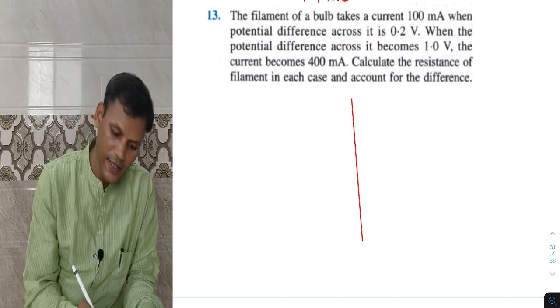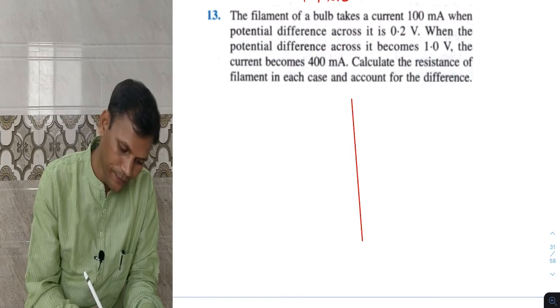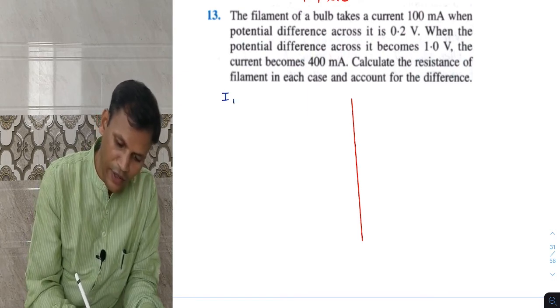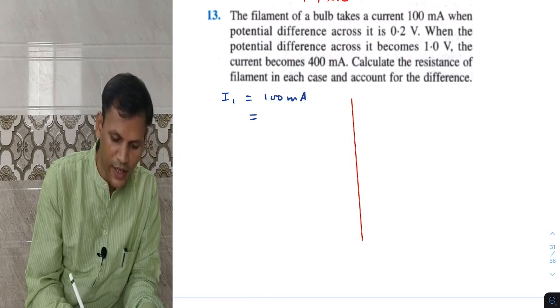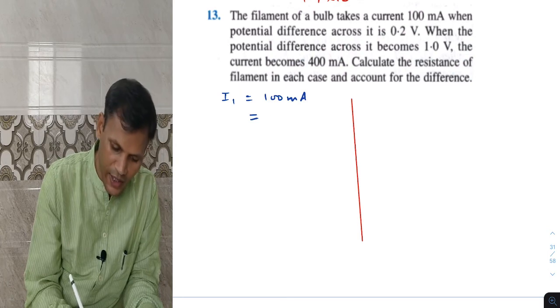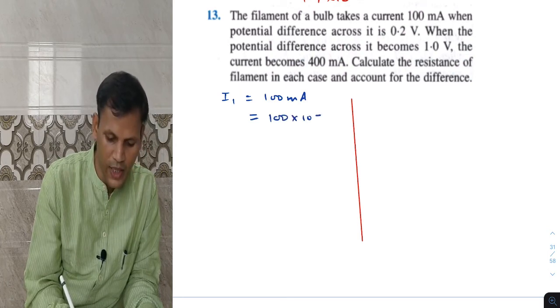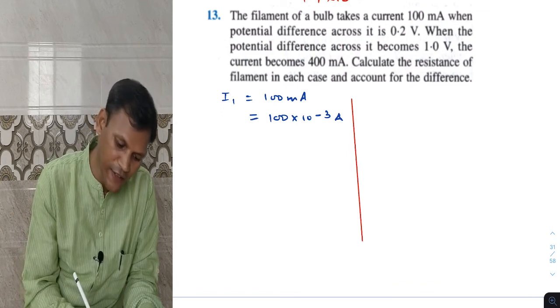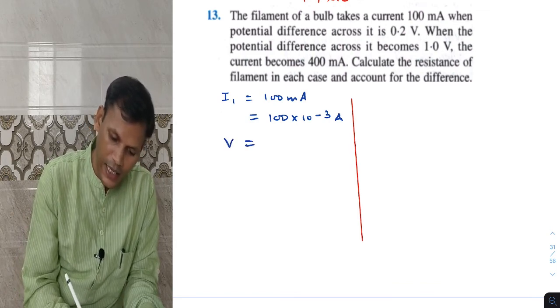In the first case, when current I1 is 100 milliampere, which I can write as 100 into 10 raised to minus 3 ampere, and potential difference V is given as 0.2 volt.